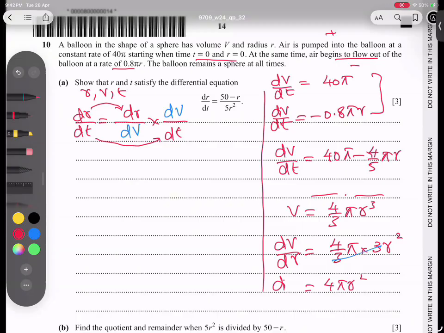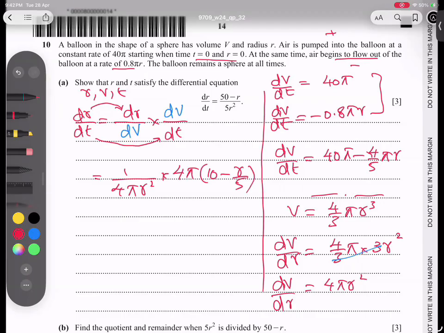But this is dV over dr, and here I need dr over dV. So I will flip it: 1 over 4 pi r squared. And this value comes from here, and I'm writing it in a bracket. I think you can take 4 common as well. If I take 4 common and pi common, I'm getting here 10 minus r over 5.